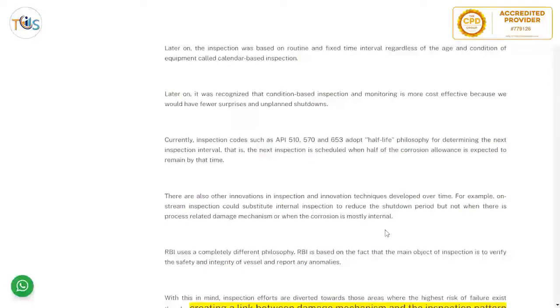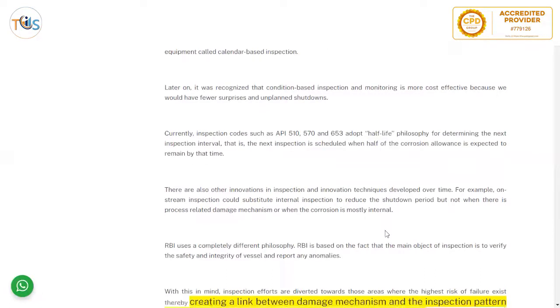Later on, it was recognized that condition-based inspection and monitoring is more cost-effective because we would have fewer surprises and unplanned shutdowns. Currently, inspection codes such as API 510, 570, and 653 adopt the half-life philosophy for determining the next inspection interval. That is, the next inspection is scheduled when half of the corrosion allowance is expected to remain by that time.